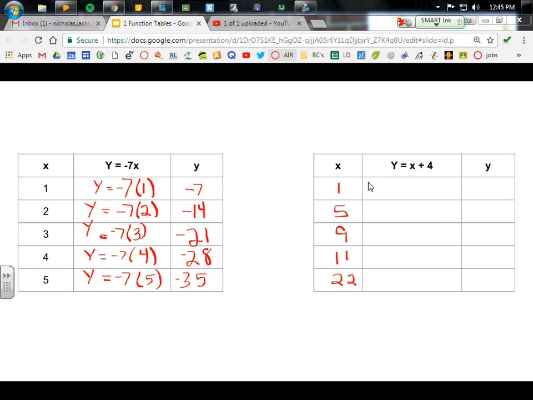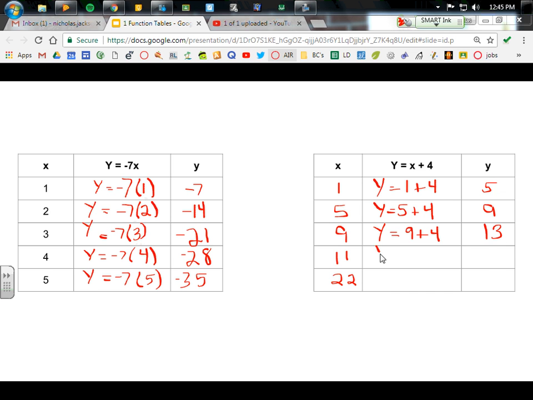So, okay, let's plug and go. If our input is 1, our function will be y equals 1 plus 4, so our output will be 5. If our input is 5, our function will be y equals 5 plus 4, and our output will be 9. If our input is 9, our function will be y equals 9 plus 4, and that'll equal 13.